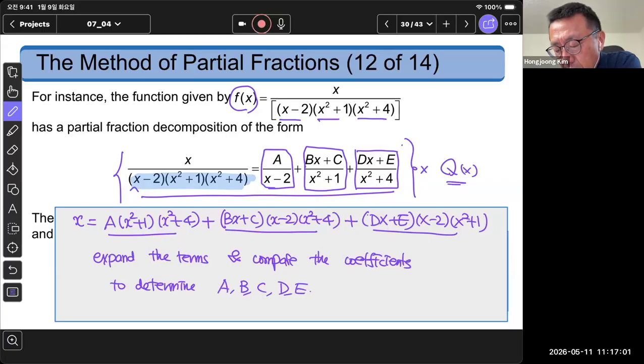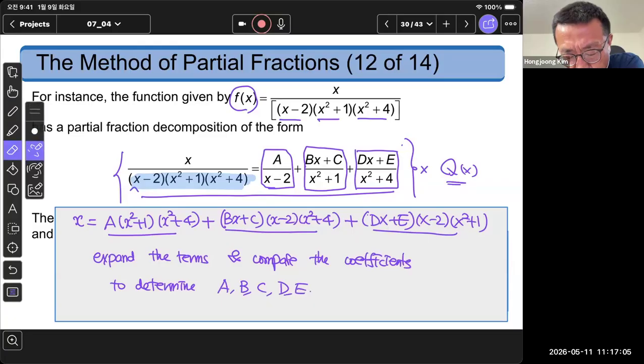Then, suppose that somehow I could identify these values, A, B up to E. Then what's next?